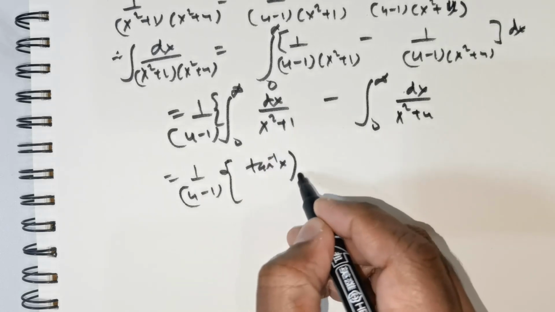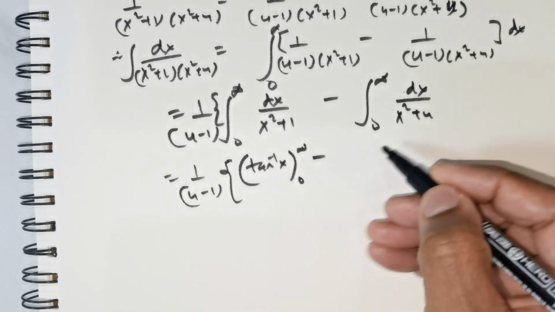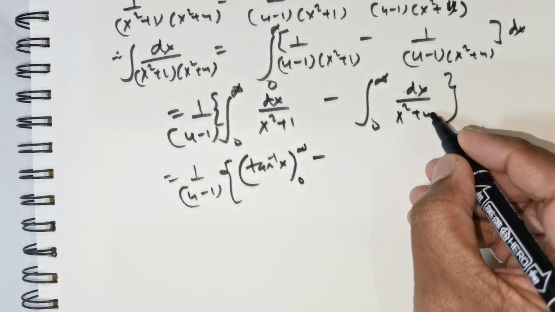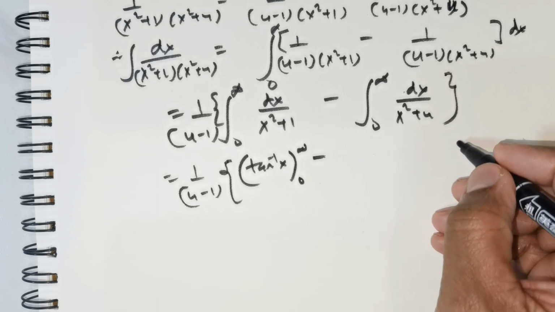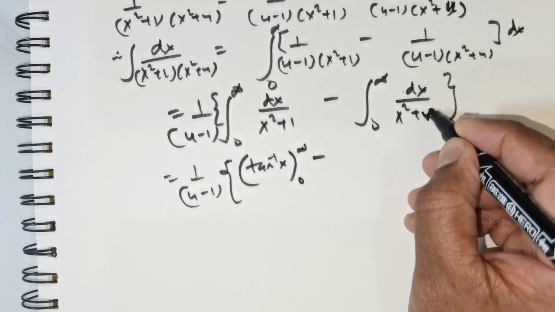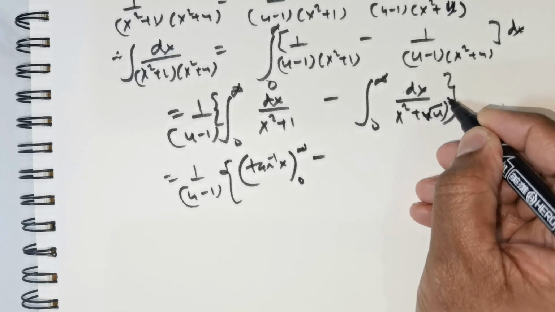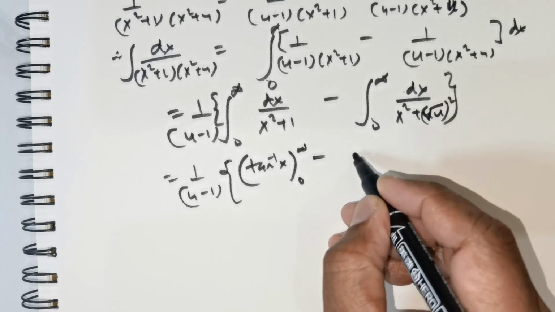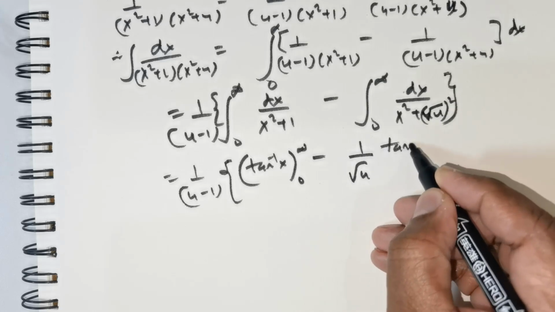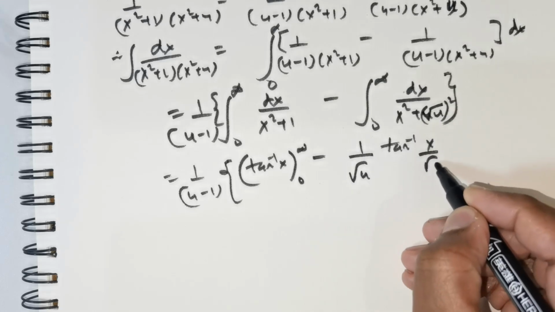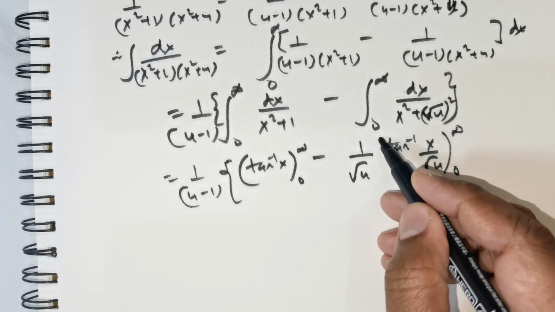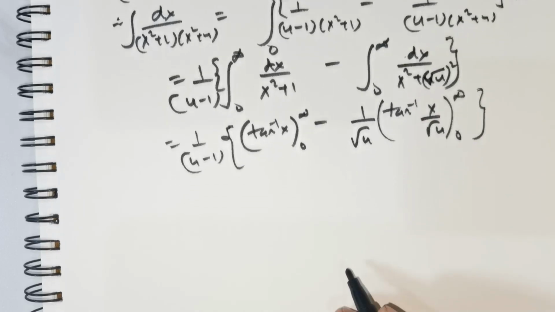The limits are 0 to infinity, so place that, followed by, I can rewrite this u as root of u squared. Let me show that to you. This is going to be written as root of u squared. If I were to do that, this is going to be 1 over a tan inverse of x over a. So this is what I've got.